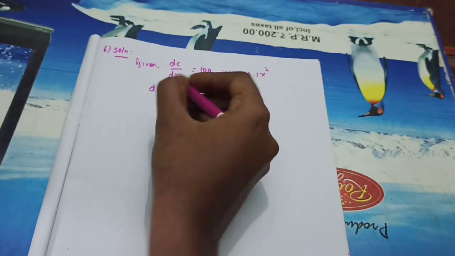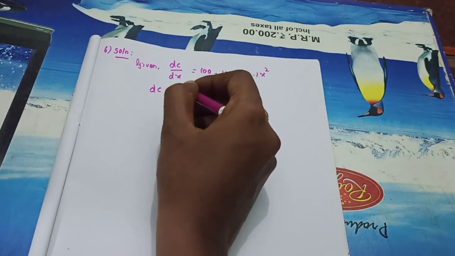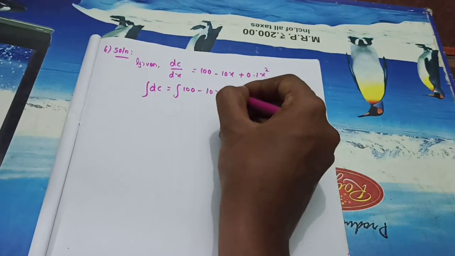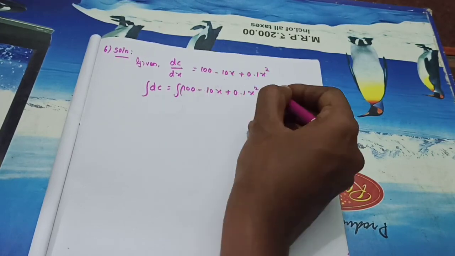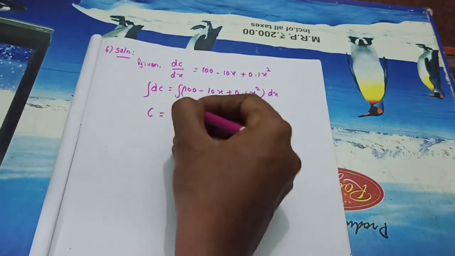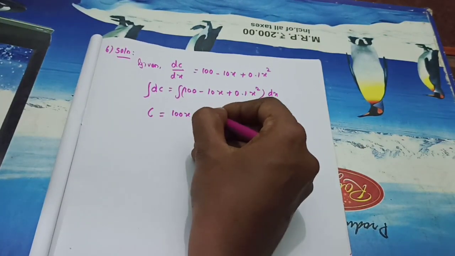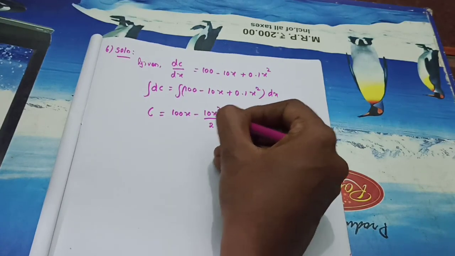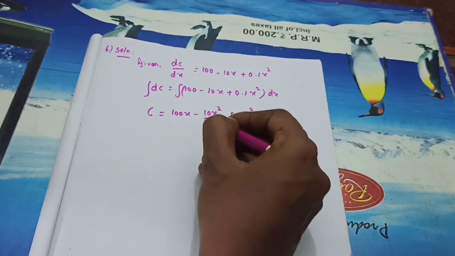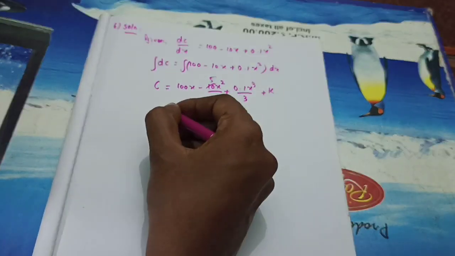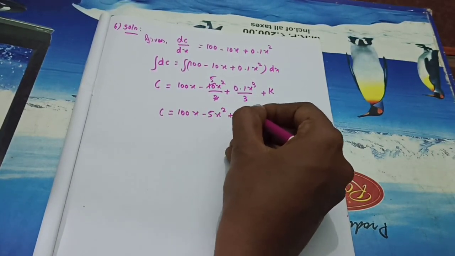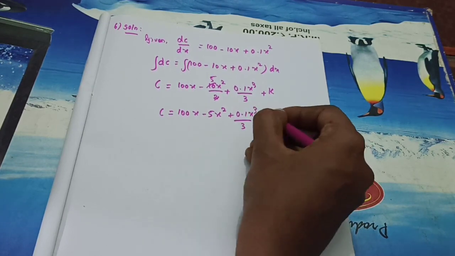So dc equal to, you can integrate 100 minus 10x plus 0.1 x square into dx. Bring this dx to this side. So when you are integrating dc, the value is C. Integrate each term: 100x minus 10x square by 2 plus 0.1 into x cube by 3 plus 1 constant, that is k. So this and this will get cancelled. So what's the cost? 100x minus 5x square plus 0.1 x cube divided by 3 plus k.